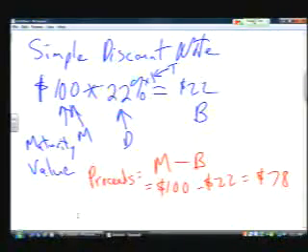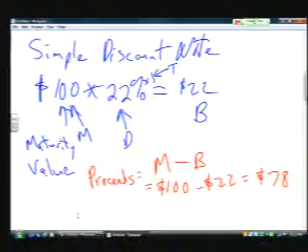So $78 is really what you're holding in your hand. If you needed $78, that would be just fine.